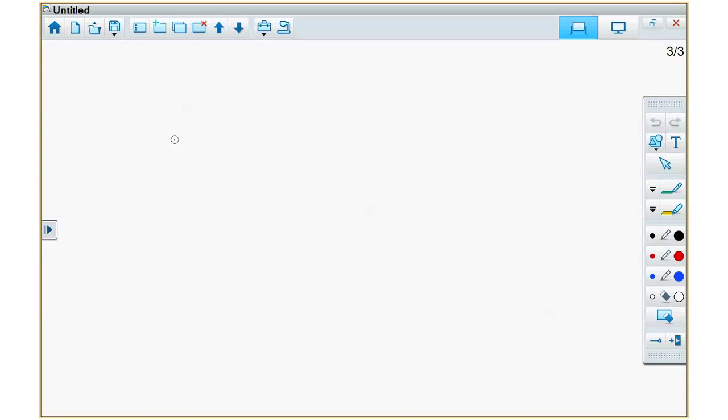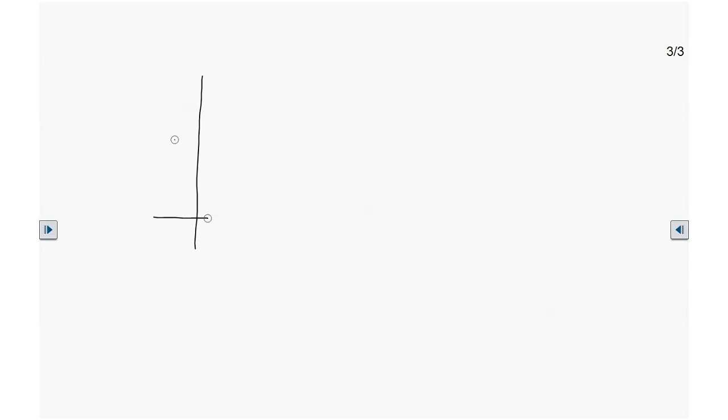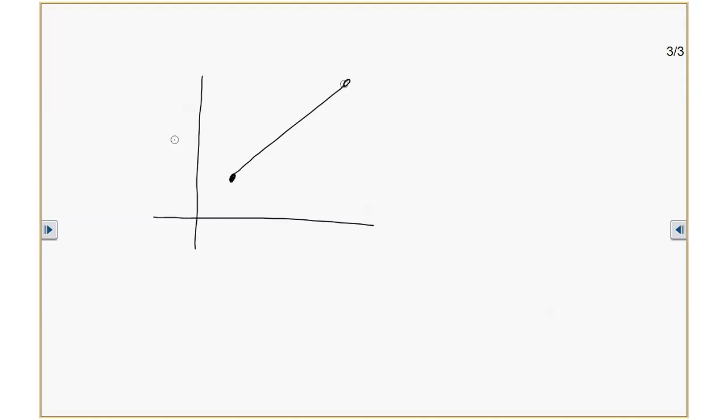How? Well, in pre-algebra, in algebra 1, if you have 2 points, (2, 2) and (4, 3), whatever, what can you calculate? The slope.